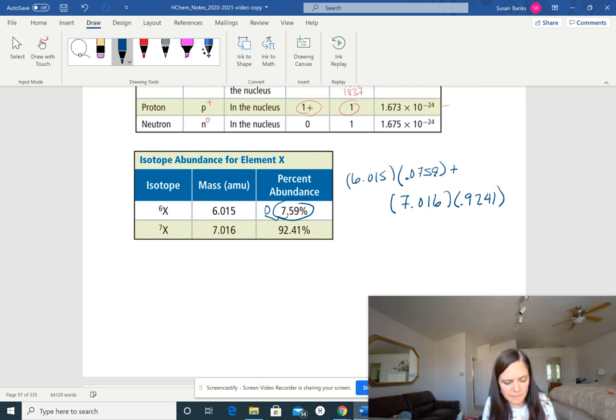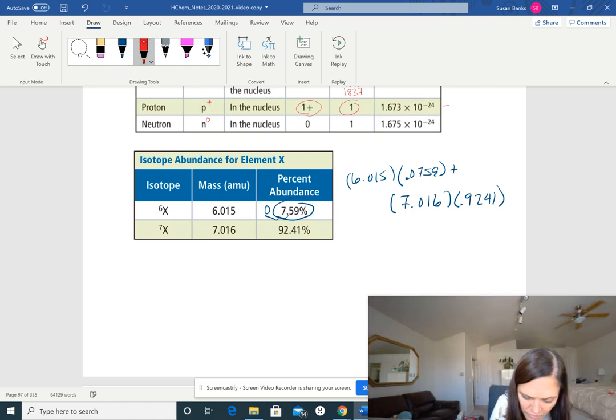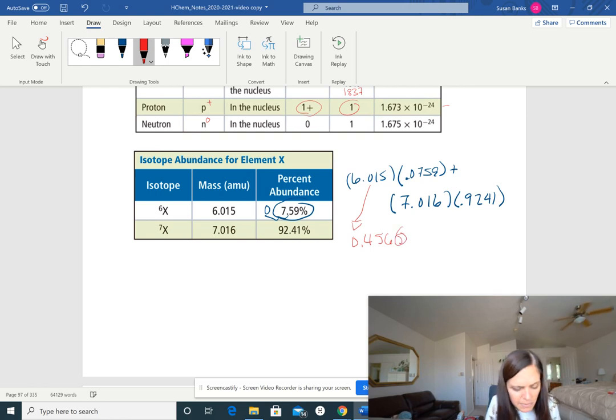So if I take 6.015 times 0.0759, I get, let's put this in another color, for this part, I will get 0.4565. I have 3 sig figs, so that 5, I'm going to keep that there, and I'm going to circle that so that I know that I need to round before then.